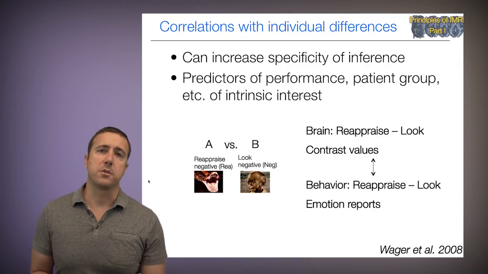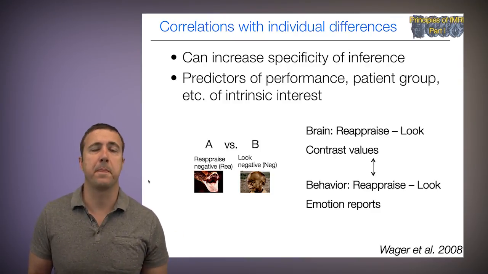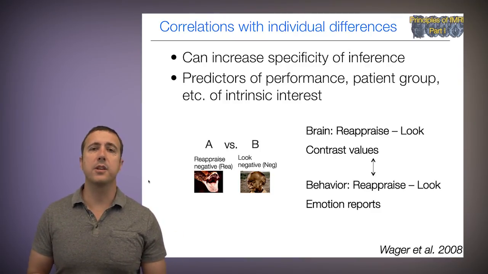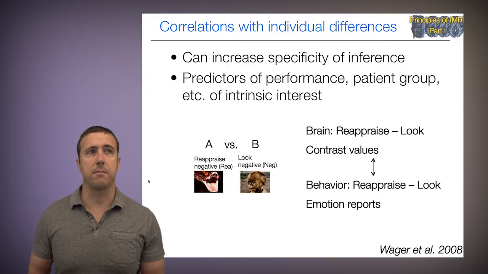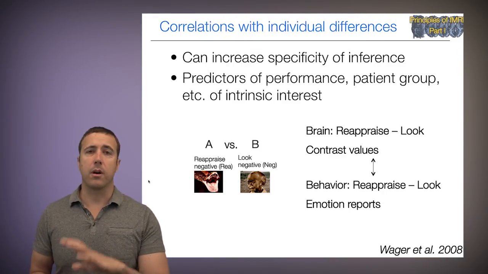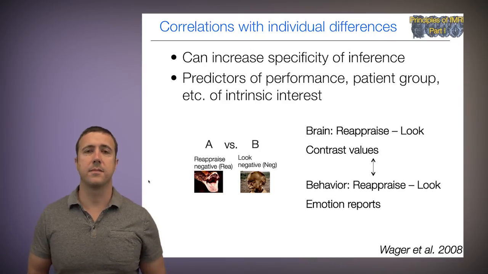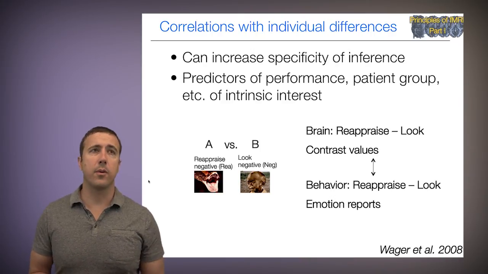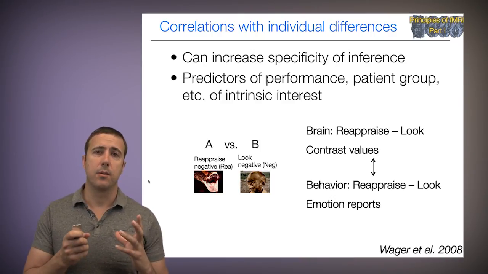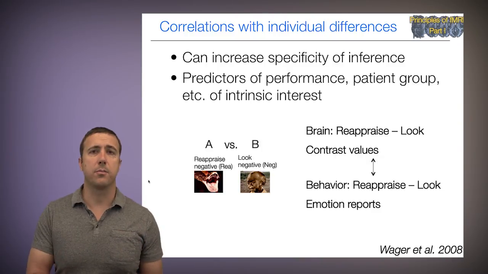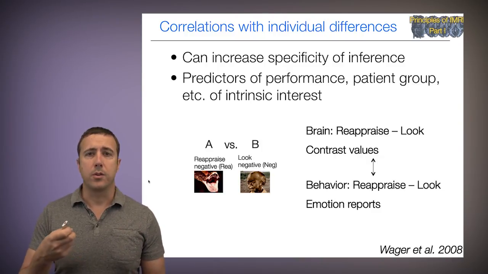Let's look now at correlations with individual differences. And this is one way of increasing the specificity of the inference that I'm making. So we'll stick with our reappraise versus look example. And here, what we're interested in is using brain activity to predict or correlate with the drop in negative emotion that people feel.